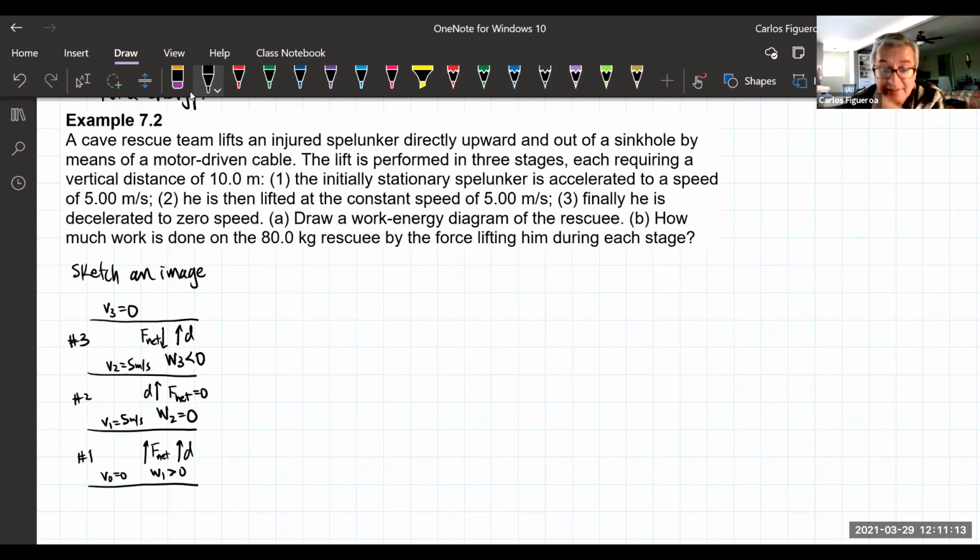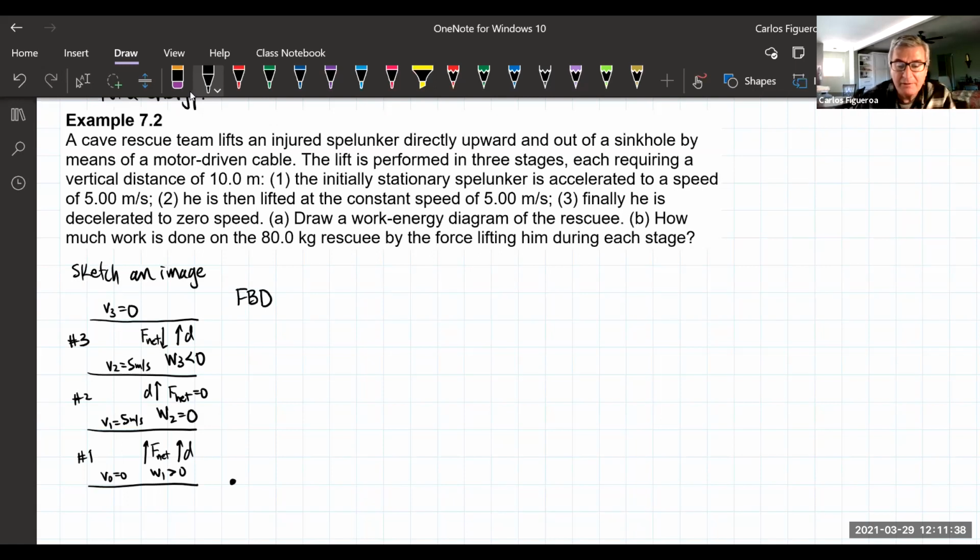So the question is, well, what has to happen here? So if I think in the language of a free body diagram, okay, let's think about a free body diagram. We know that there's a cable that's moving the person up. So let's draw it here.